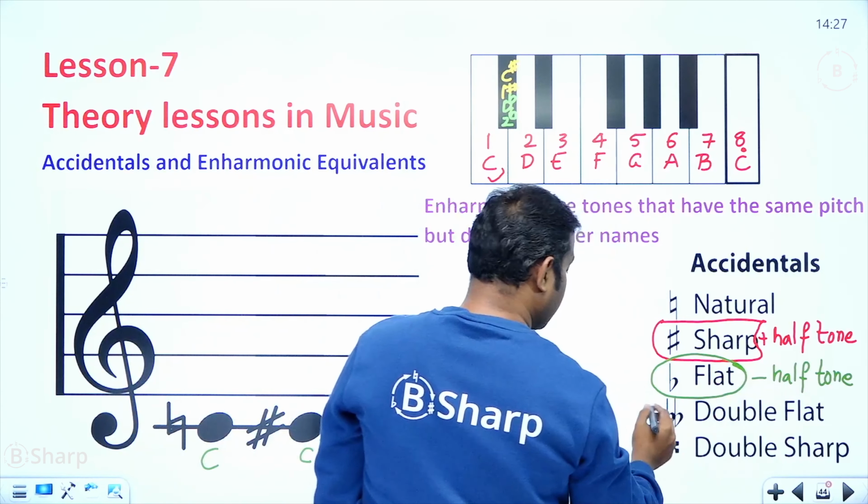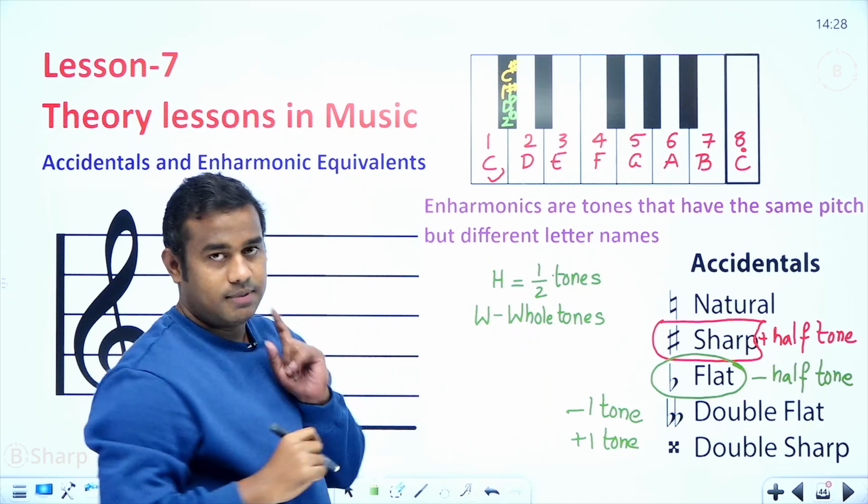Remember here in case of music, we have half tones and also single tones, complete tones, or whole tones. Half tones are represented with a capital H. The whole tones are represented with a W. So this is one point, please remember.